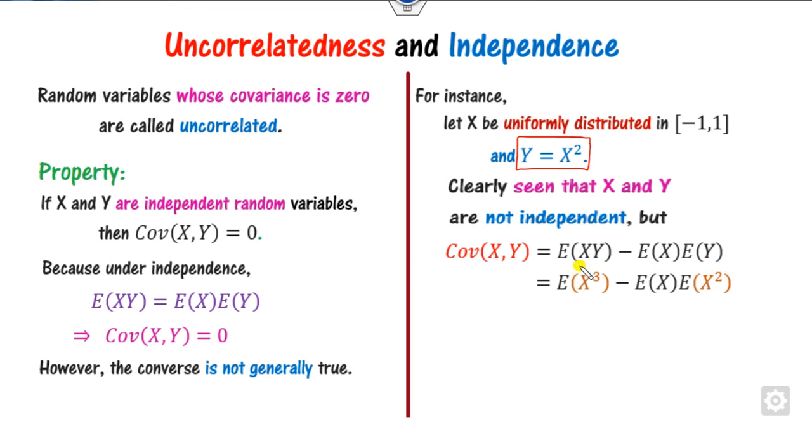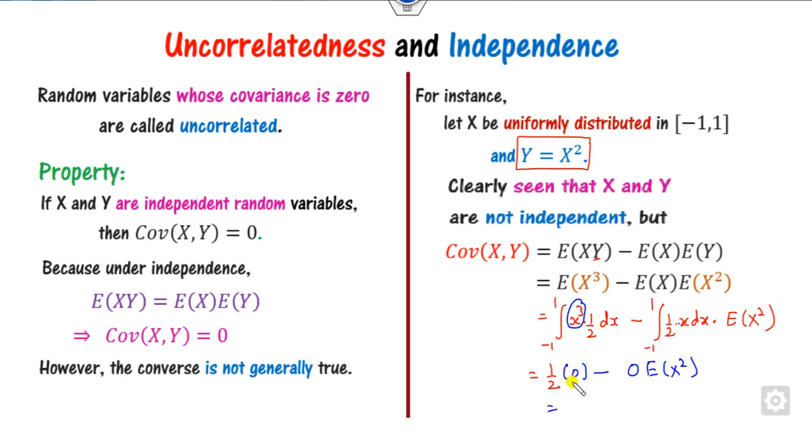Now if you find the covariance, what is y? Y is x squared. So E[xy] is the integral from -1 to 1 of x cubed f(x). What is E[x]? It is 0, as found above. And E[y]? The half is outside, and the integral of x cubed is an odd function, so the integral is 0.